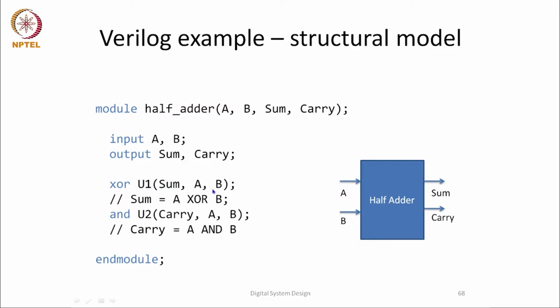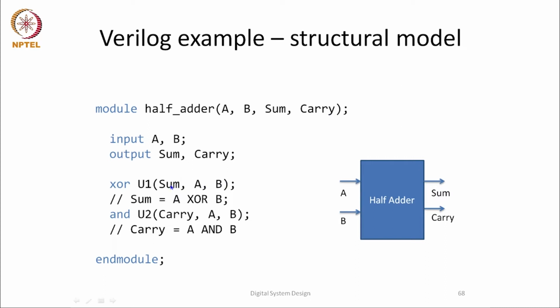this XOR. You can also see it like this, that XOR will also be some other module, and it would have a certain port list. If I write the names of my input and output in the same order as the port list of that particular module, then it would get connected.